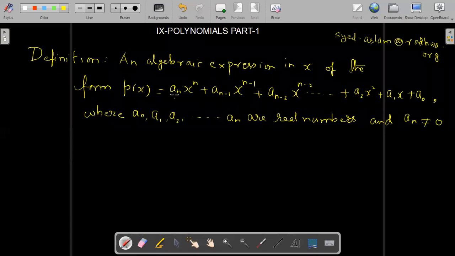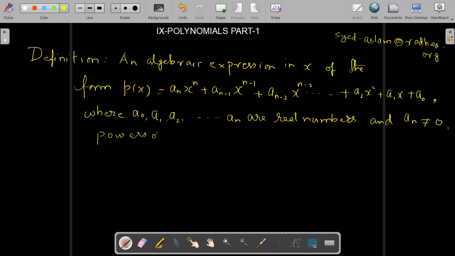It should have some number, because if an is 0, then its degree will change. And a0, a1, a2 are real numbers, and as I told you, we can also write a0, a1 as the coefficients of x0, x1. an is the coefficient of xn, a(n-1) is the coefficient of x^(n-1), and the powers of x, this n minus 1, n minus 2, should be a whole number.